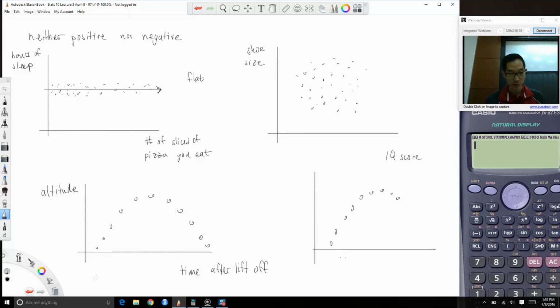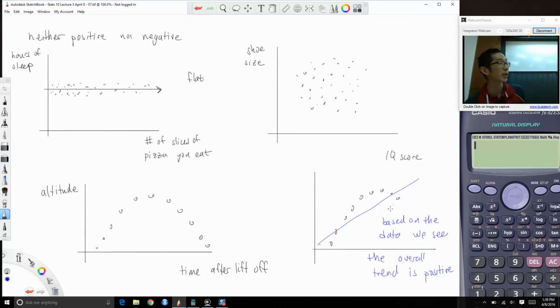So based on the data we see, the overall trend is positive. But over here, neither positive nor negative.